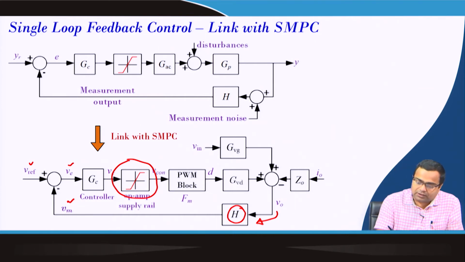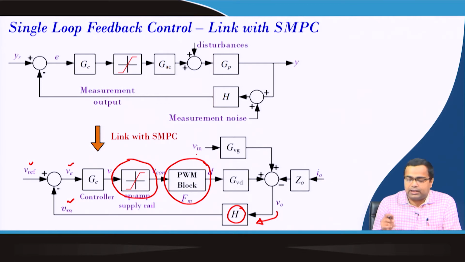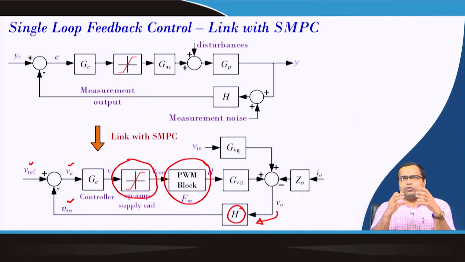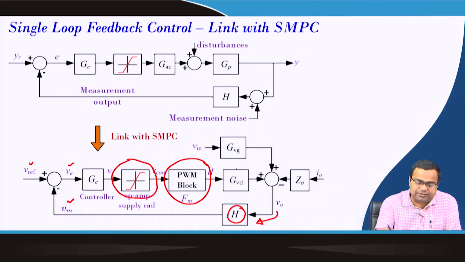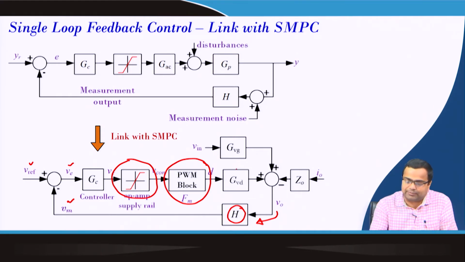Then the controller output goes to the feedback modulator block, the PWM modulator block. In case of fixed frequency, this modulator has a fixed switching frequency, and it generates the gate signal with a certain duty ratio. If we try to derive the small signal model, this is the control to output transfer function.